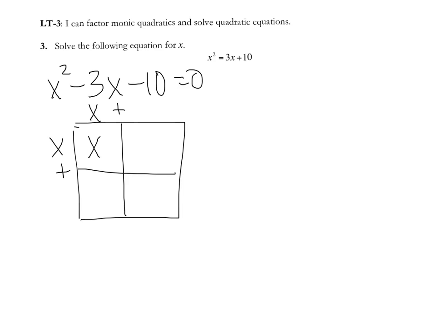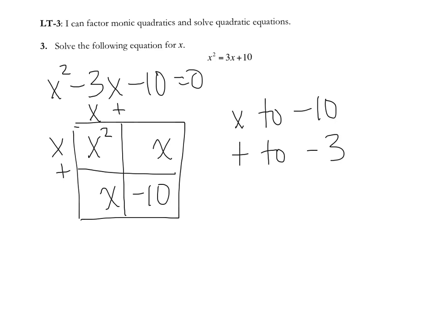So my x squared term is going to go in the top left, my negative 10 will go in the bottom right, and each of these two other terms is going to be some number times x. Now, as we talked about in the previous problem, the two numbers in front of the x's need to multiply to make -10 and add to make -3.